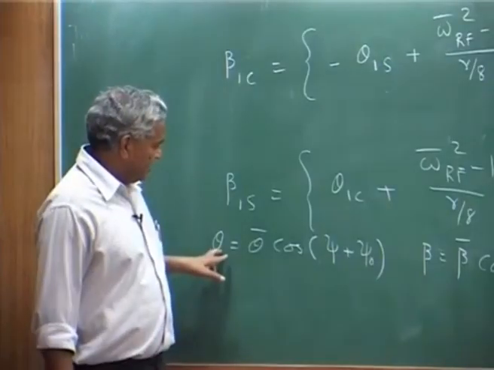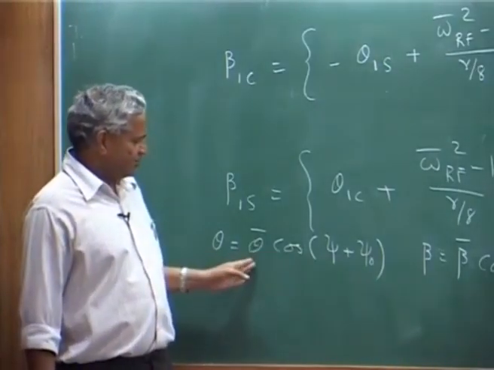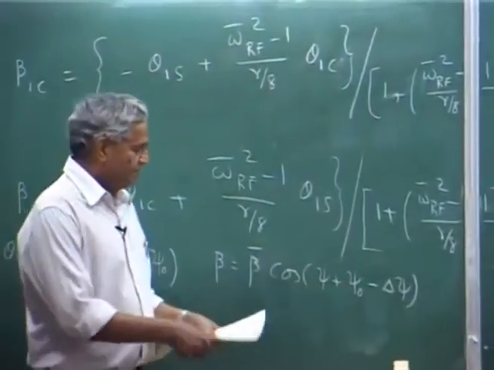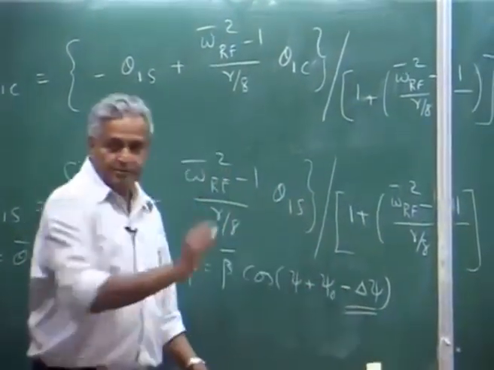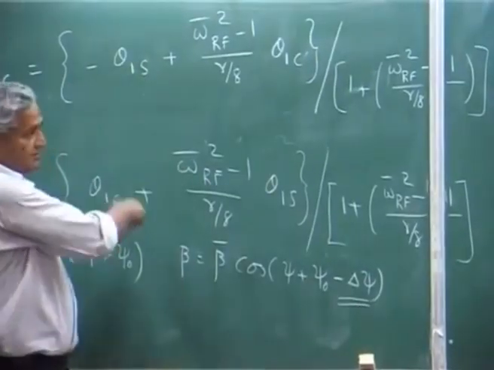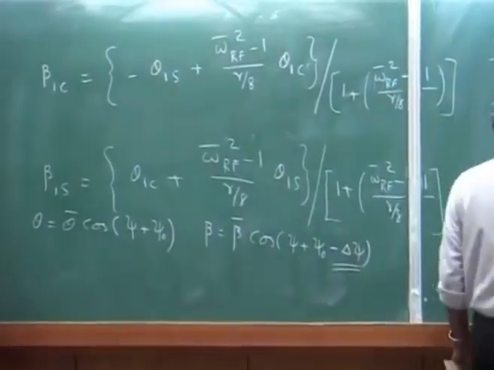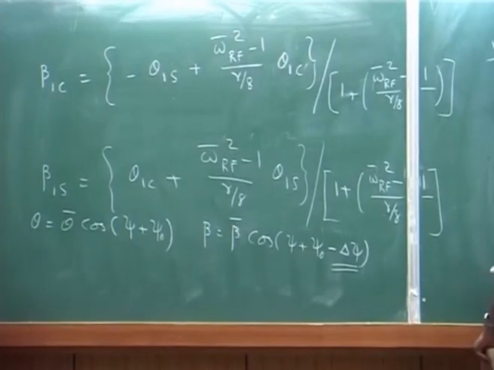Now, you see, if the input is, I can write theta 1 c is what, theta 1 s, similarly beta, this is the phase. Okay. Using these equations you solve, I will just write the answer, okay, because that is algebra. So, which you can try yourself. That is the input.